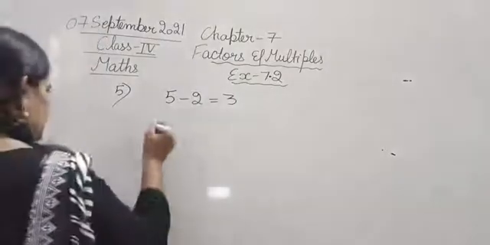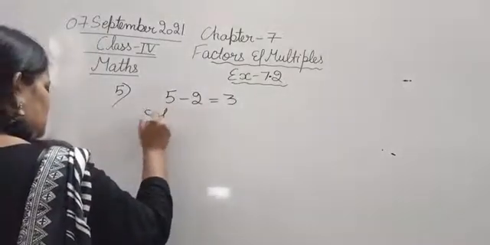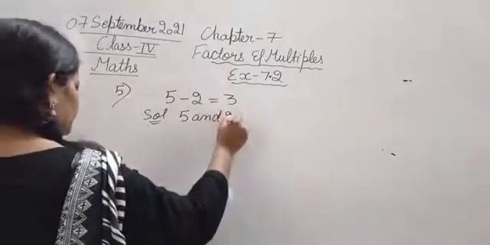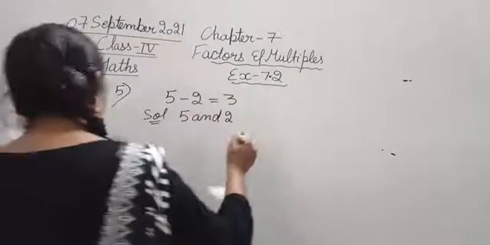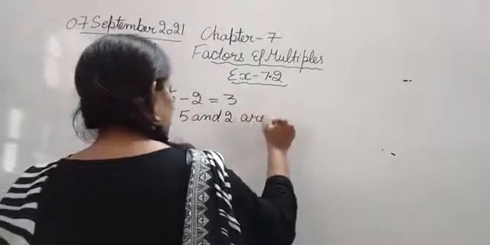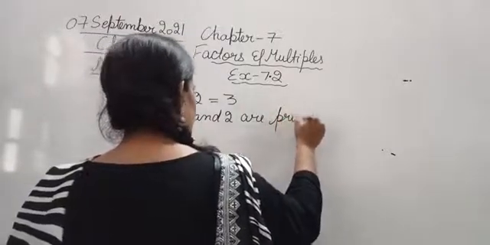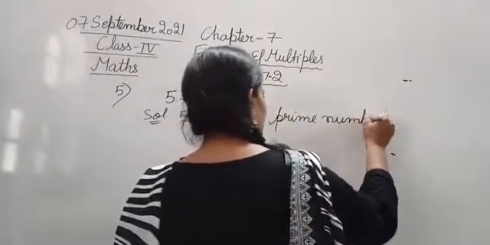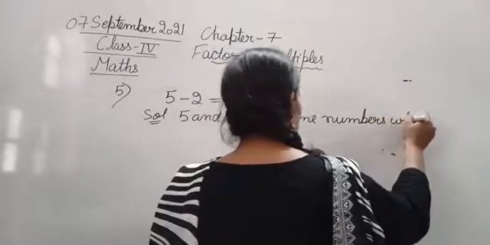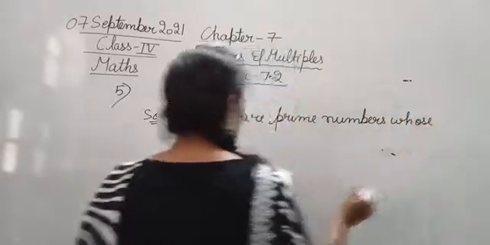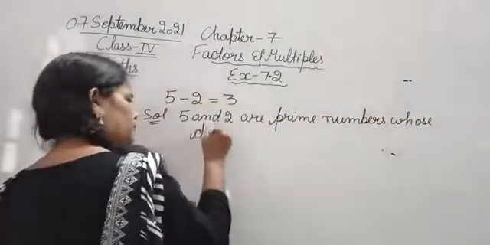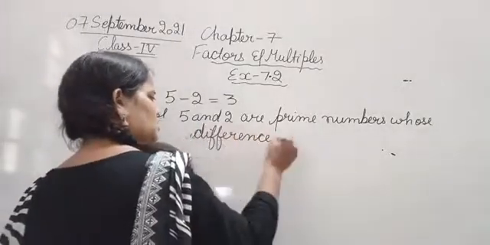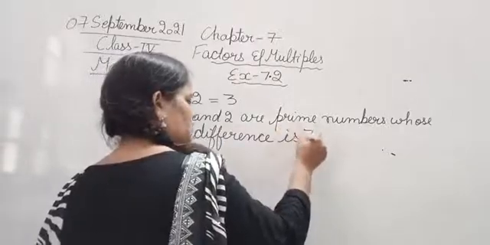Okay, that is, the solution is 5 and 2 are prime numbers whose difference is 3.